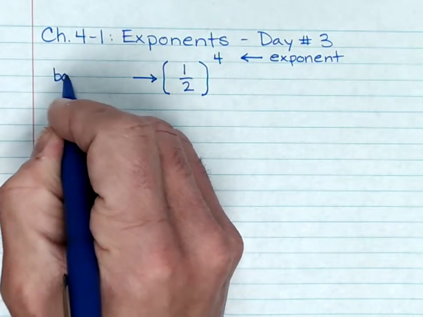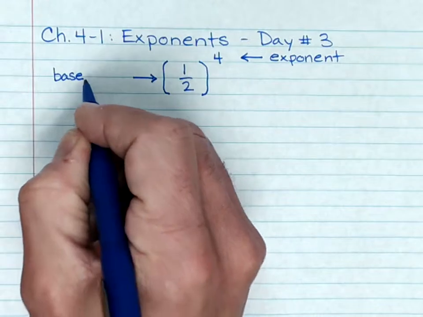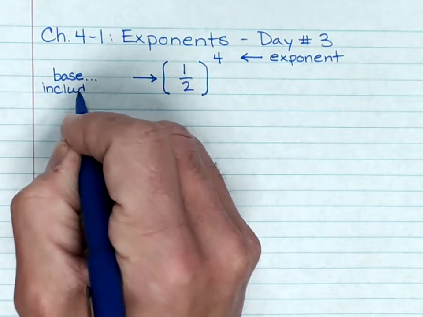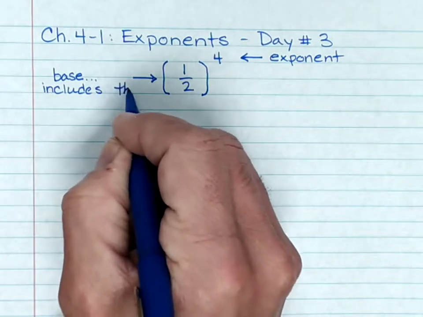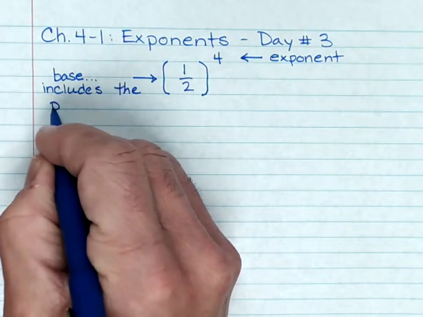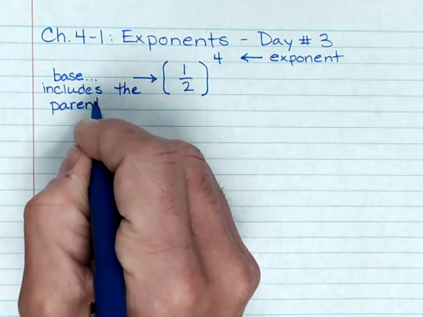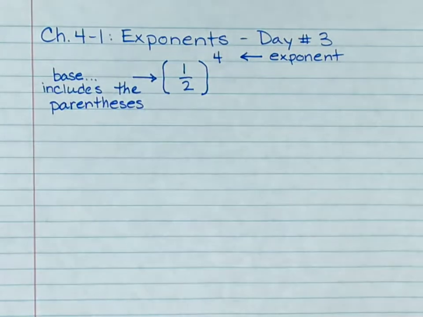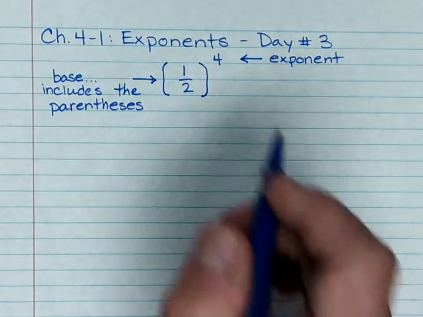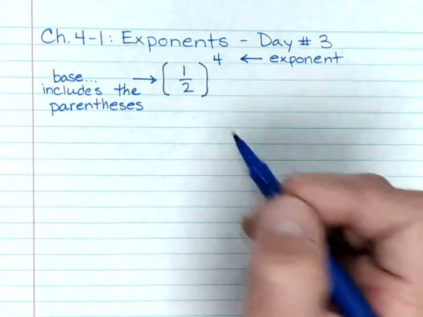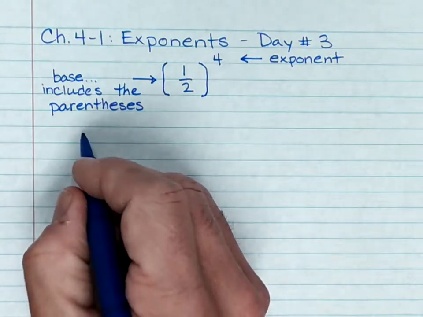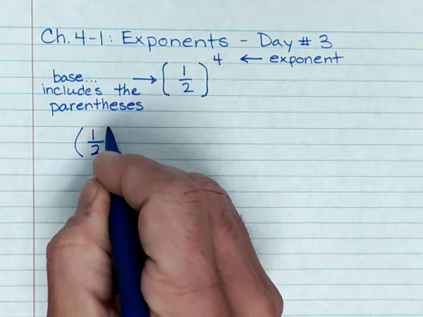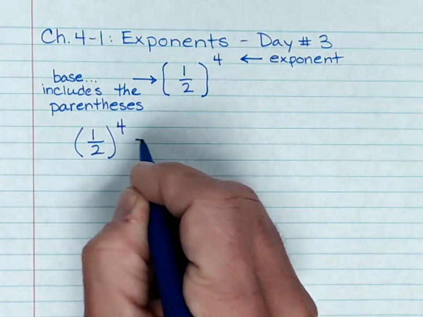On this particular example, the base includes the parentheses. So if I were to actually write the quantity half to the 4th power, it would look something like this.